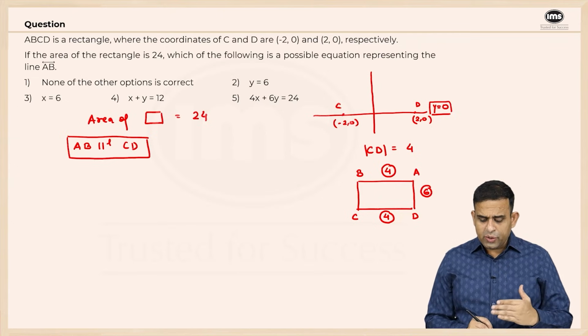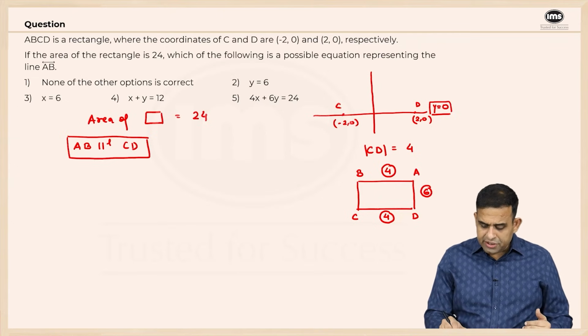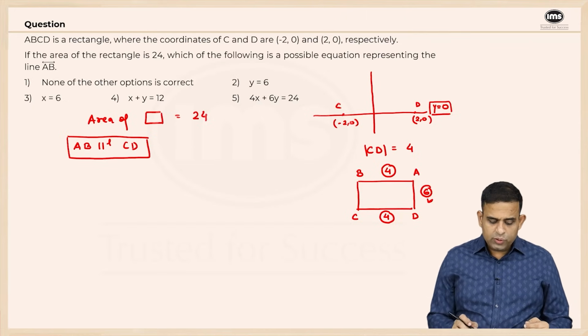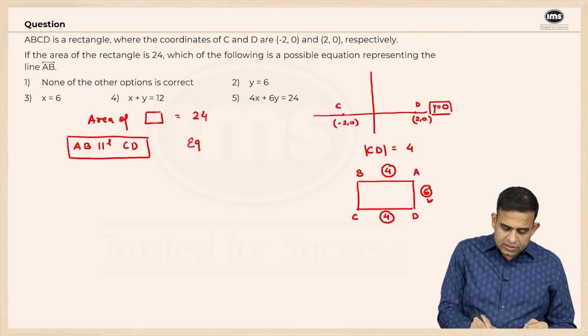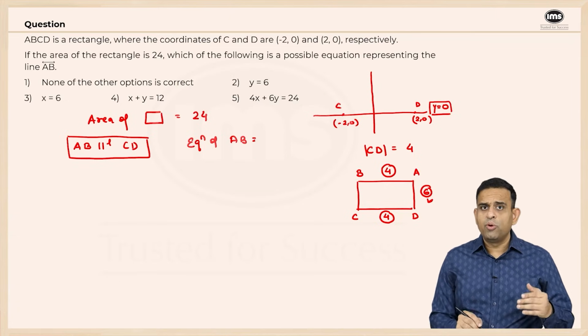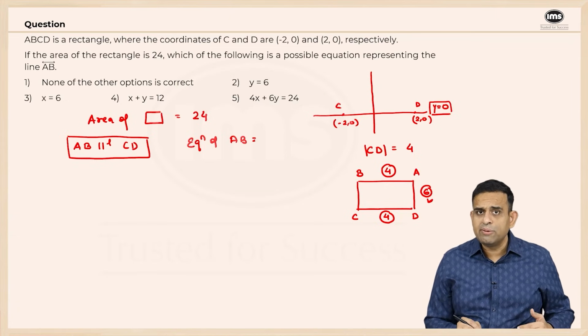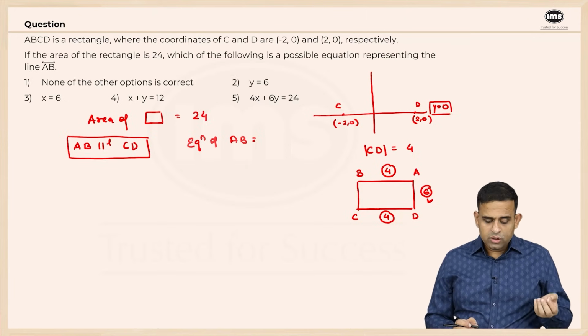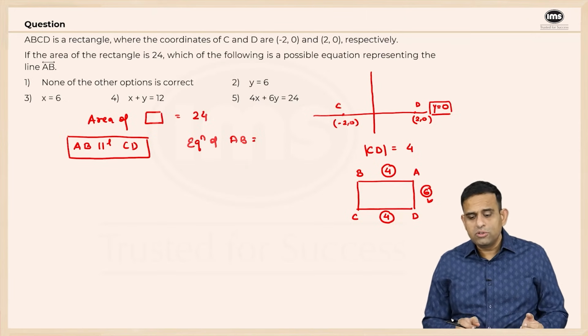And since the distance between AB and CD has to be equal to 6, and CD is y equal to 0, the equation of line AB should be in the form of, because both lines AB and CD will have the same slope, the slope of the x-axis is 0, so the slope of the line AB also needs to be equal to 0.